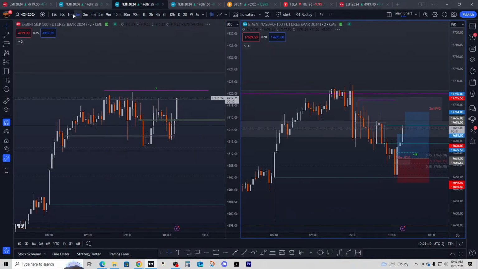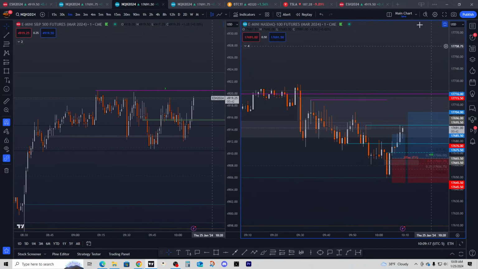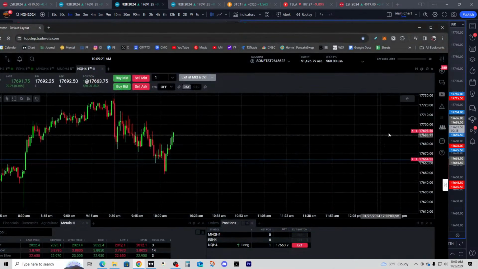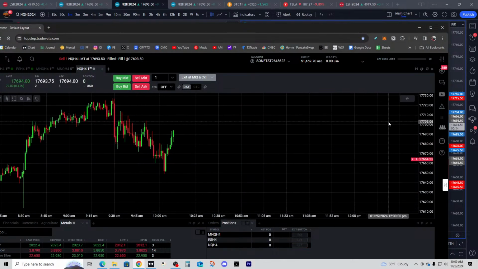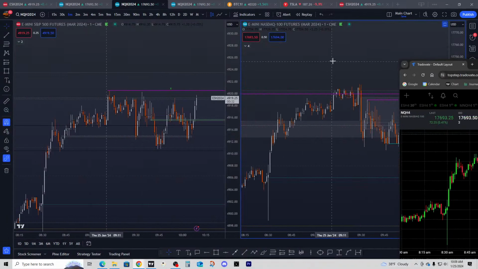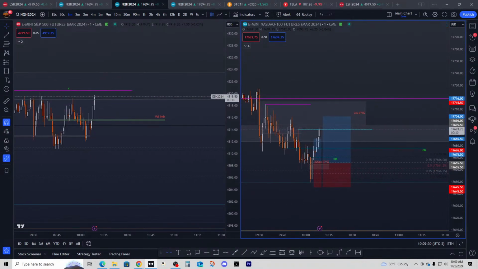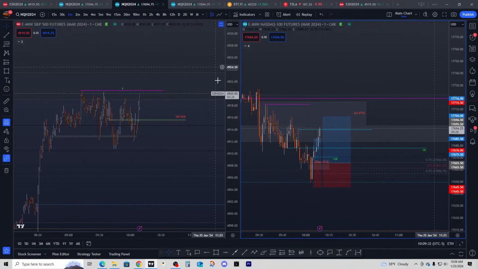Nah, but look at these equal highs that are up there though. So we're smoking this high. I'm leaving it up here actually. I'm waiting until those equal highs here on ES are hit. Once we hit these equal highs of some sort, I'll close this.